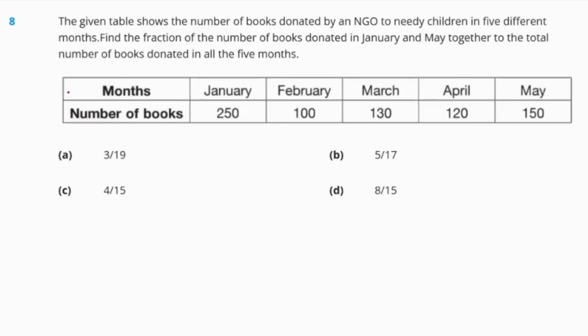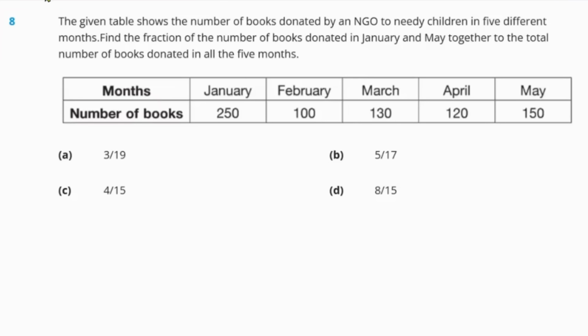Next, 8th question. The given table shows the number of books donated by an NGO to needy children in 5 different months. Find the fraction of the number of books donated in January and May together to the total number of books donated in all the 5 months.